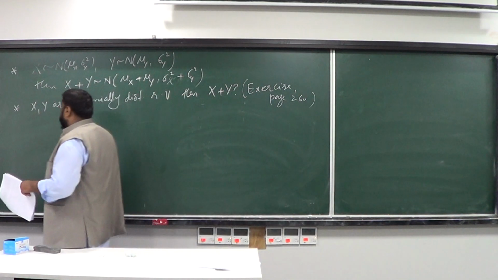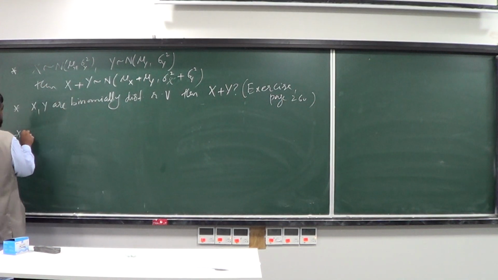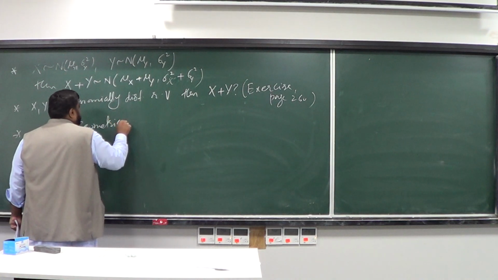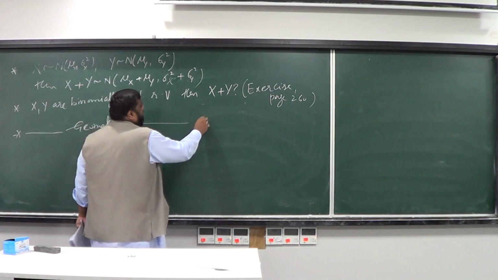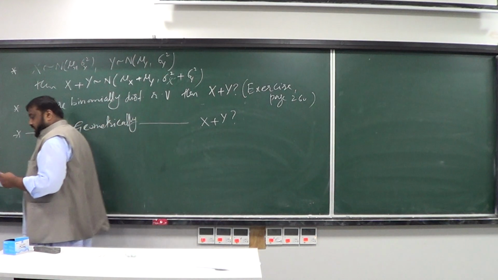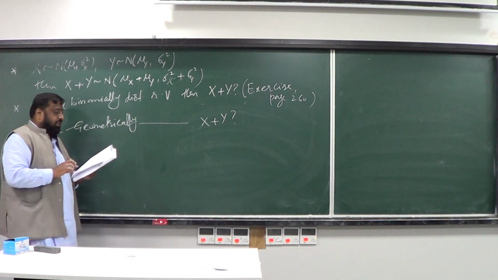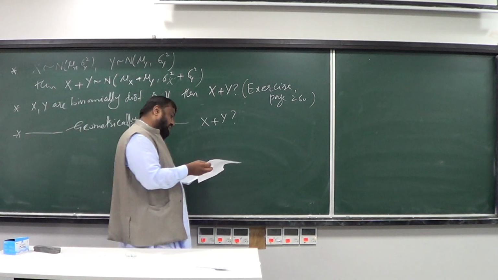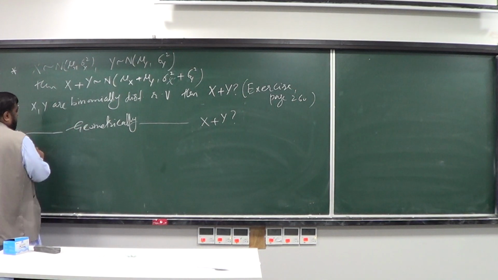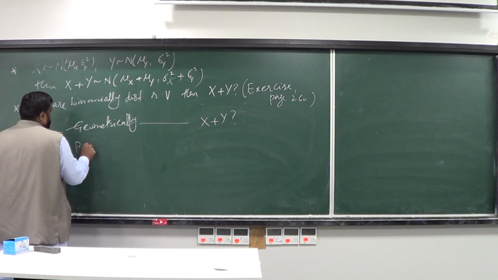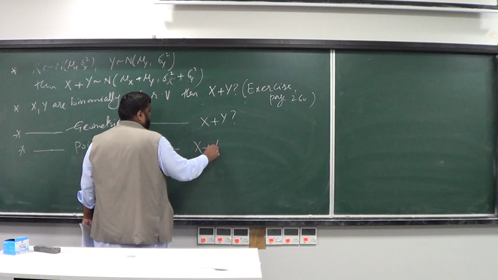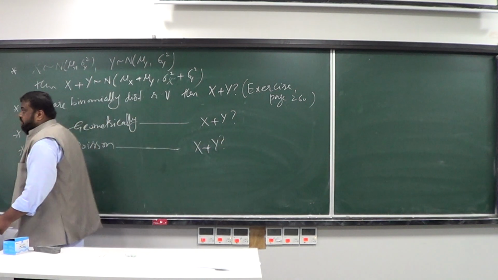So I would suggest that you should do this. And the same is the case if X and Y are geometrically distributed, and they are independent, then what would be the distribution of X plus Y? These are the two examples that you should do for yourself. And the same is the case for the Poisson: if the two random variables have Poisson distributions with different parameters, what would be the distribution of the sum of the two Poisson random variables?